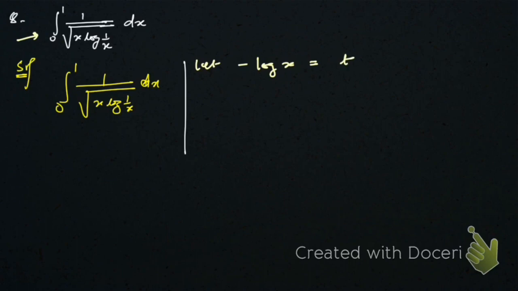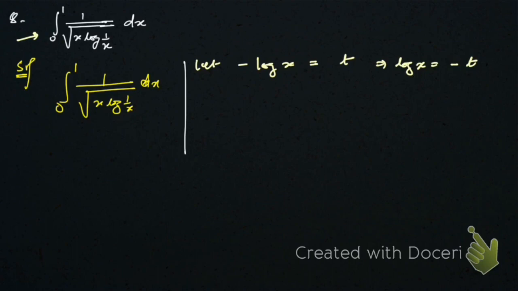If this is t, then we can say that log of x is equal to minus t, right? Here log of x means the base is e.